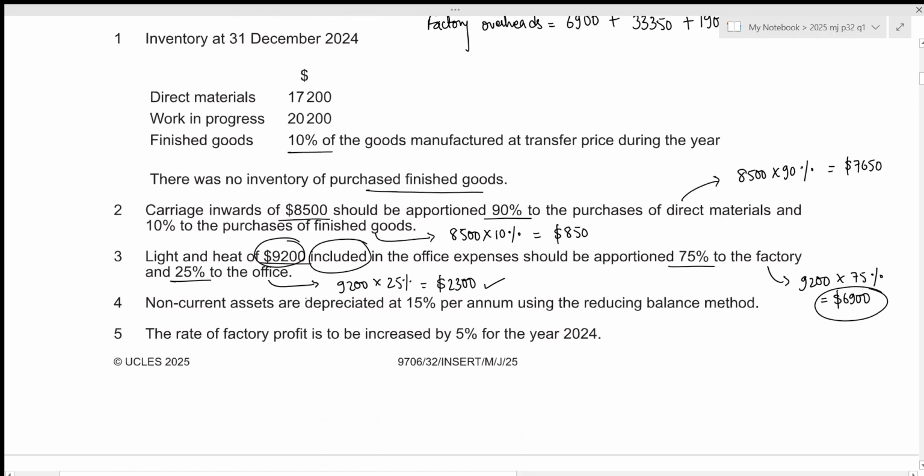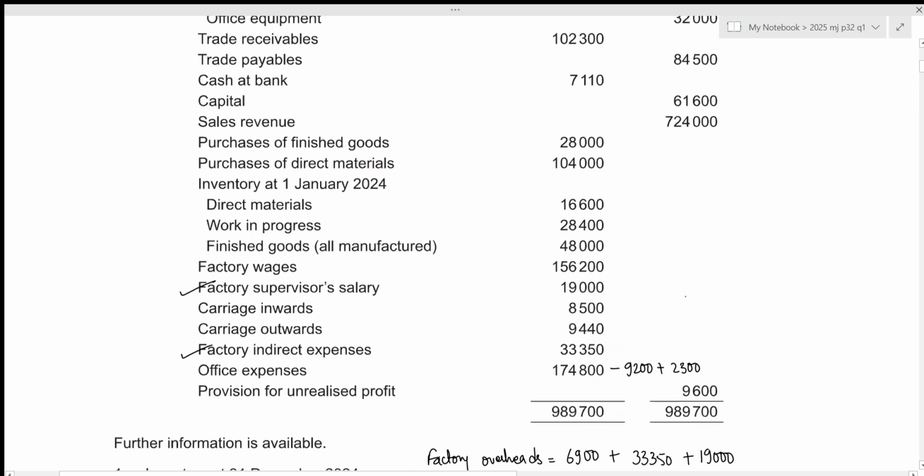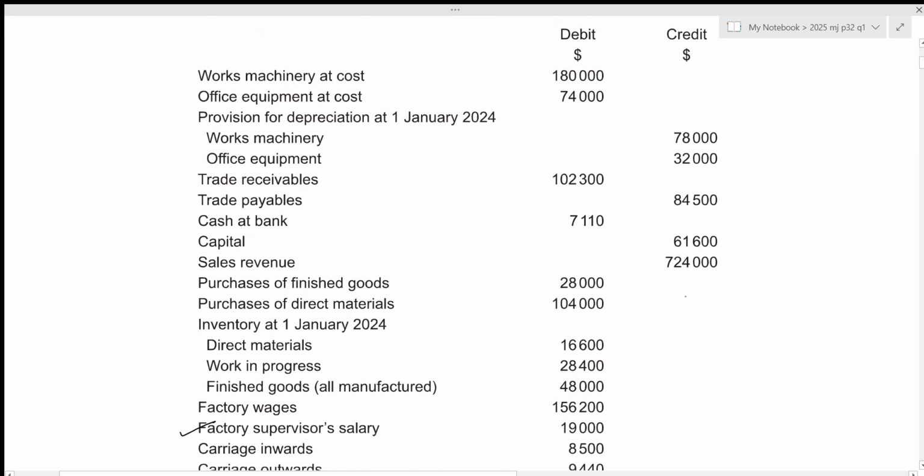Then non-current assets are depreciated at 15% per annum using the reducing balance method. Okay, so we have works machinery at cost and office equipment. So any depreciation on office equipment will go towards administrative expenses. Any depreciation on works machinery will go towards factory overheads. So let's figure out the depreciation for works machinery first.